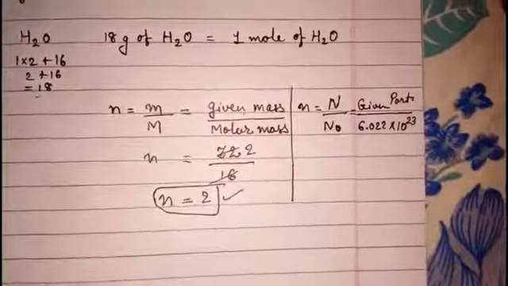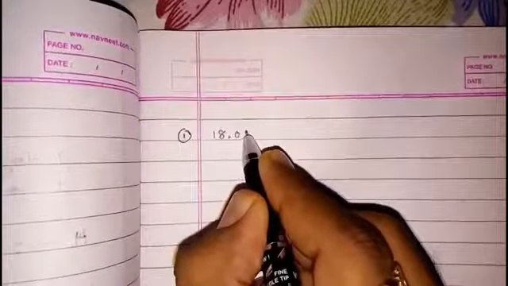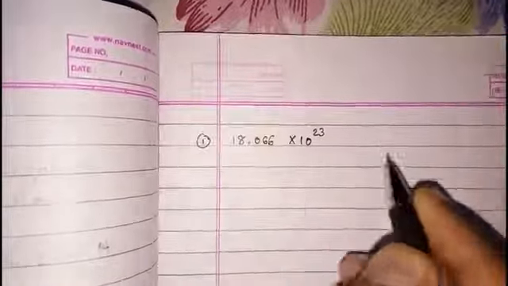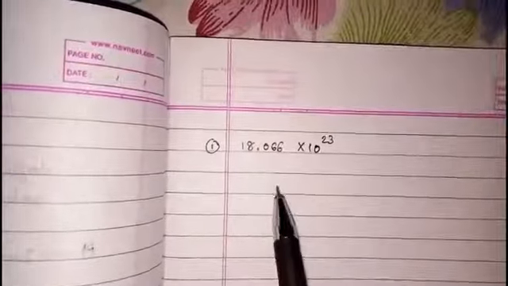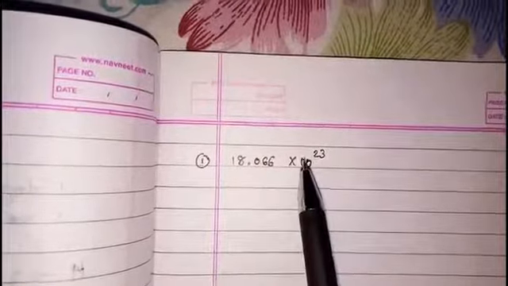Now we are going to do a practical example. Suppose they have given us 18.066 into 10 raised to 23 atoms of oxygen. Find the number of moles formed from this.